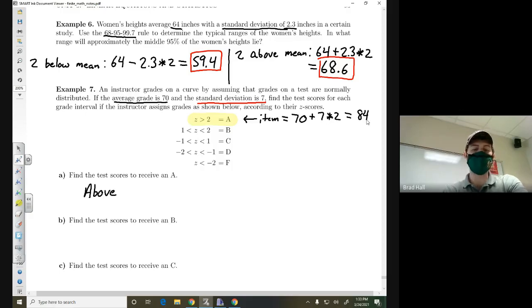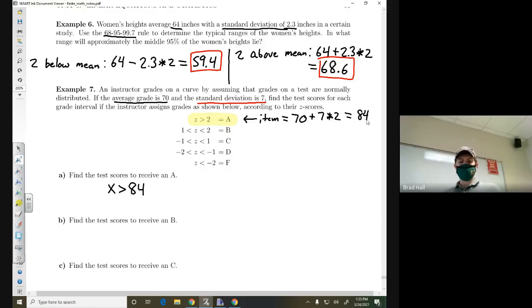So to get an A, you need above an 84. That's what we just found. Or to make this a little bit more concrete, I'll use a variable x because I'm going to be using a few compound inequalities later on.